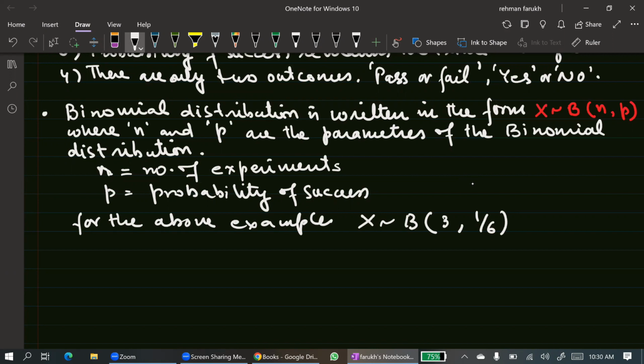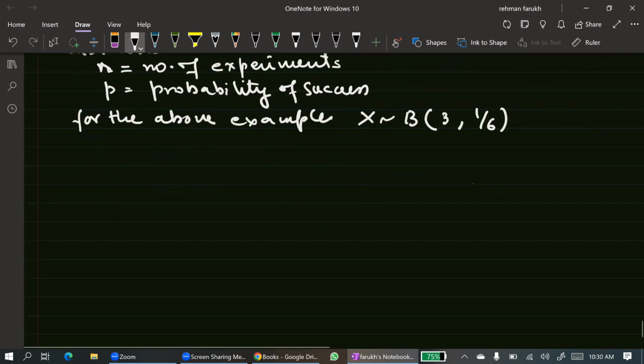In the binomial distribution, there is no need to draw any diagram to find out all the possible outcomes. In the binomial distribution, there is a probability density function. With the use of this probability density function, we can calculate the probabilities of the different outcomes.